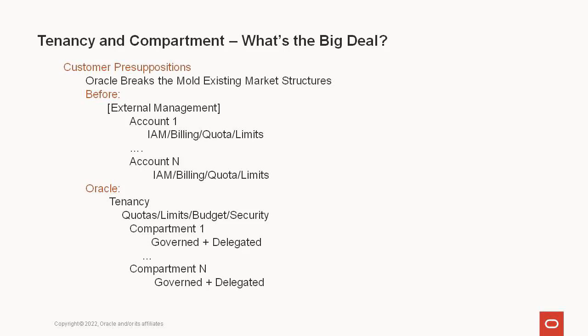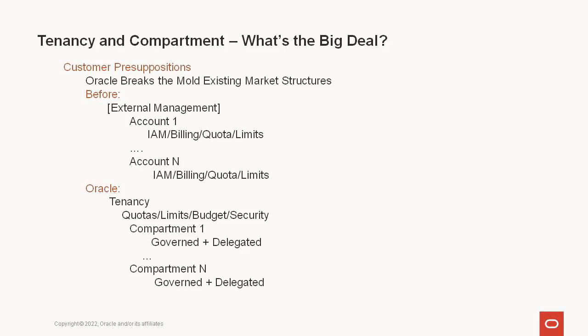Now with Oracle, we chose to look at it from an enterprise point of view. Enterprises are large, and enterprises consist of many, many teams. We didn't think you needed to create a bunch of accounts and manage all of those accounts just to get your separation of duties and responsibilities, your data segmentation, those common requirements within an enterprise.